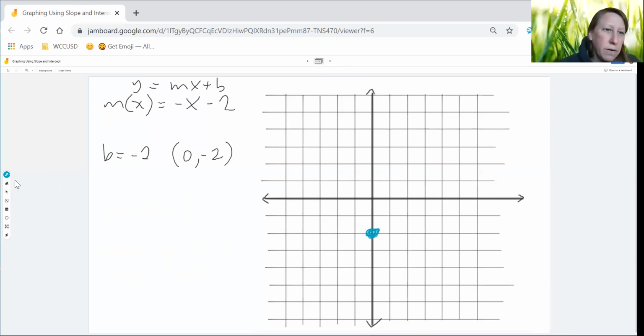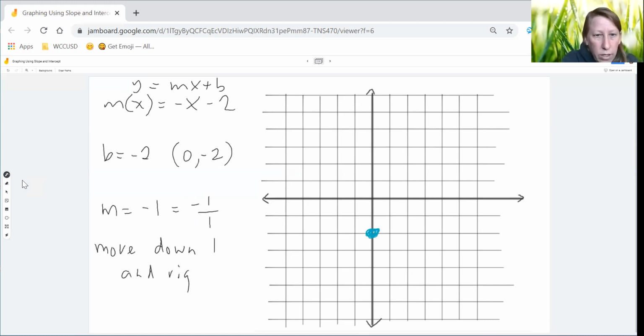You guys remember? I'm going to move -1, which is -1 over 1. Which means to get to the next point, I'm going to move with my slope down 1 and right 1.